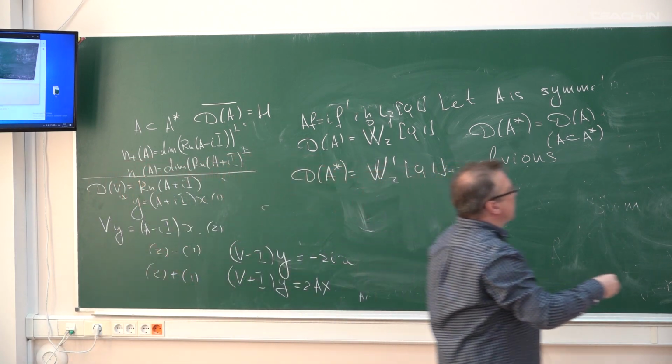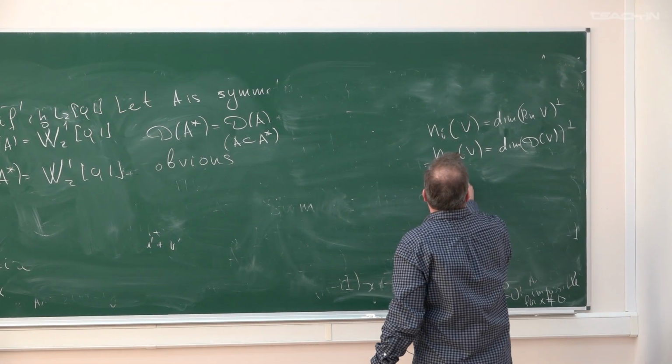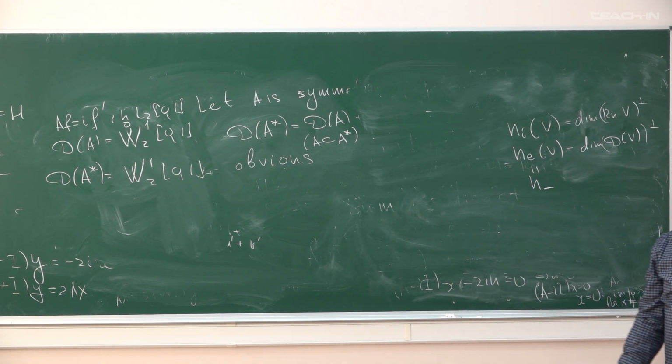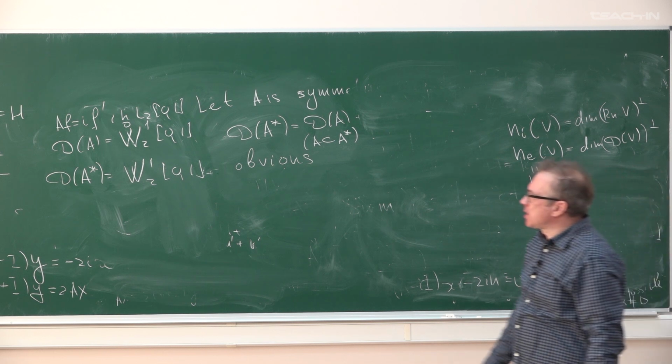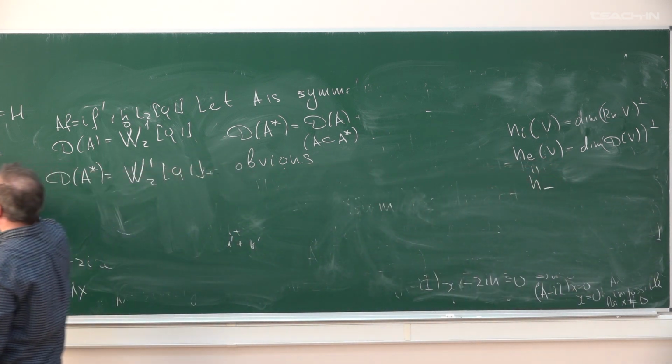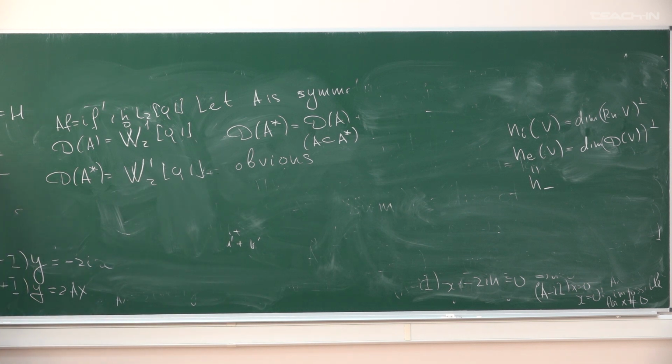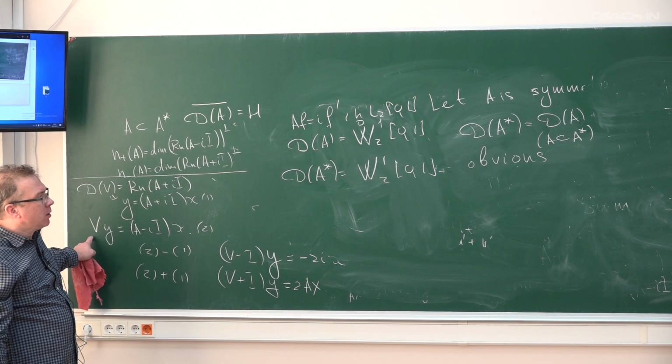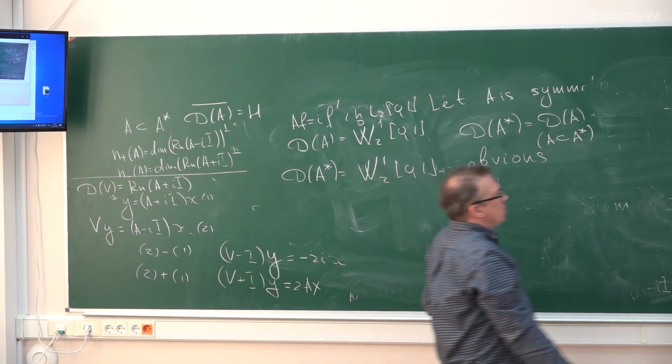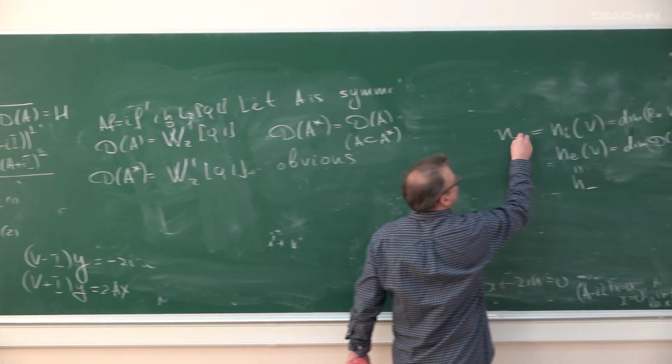So we have that this is n minus. Yes? And n plus is the range of this. It is the range of operator V. Yes? The range of A minus I identity is the range of operator V. So it is n plus.